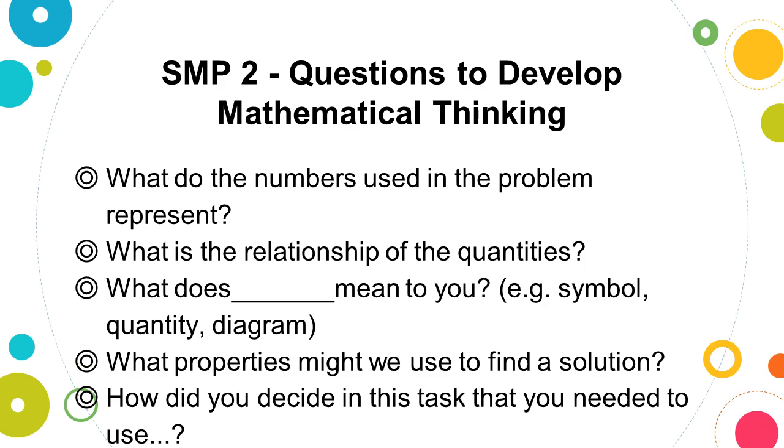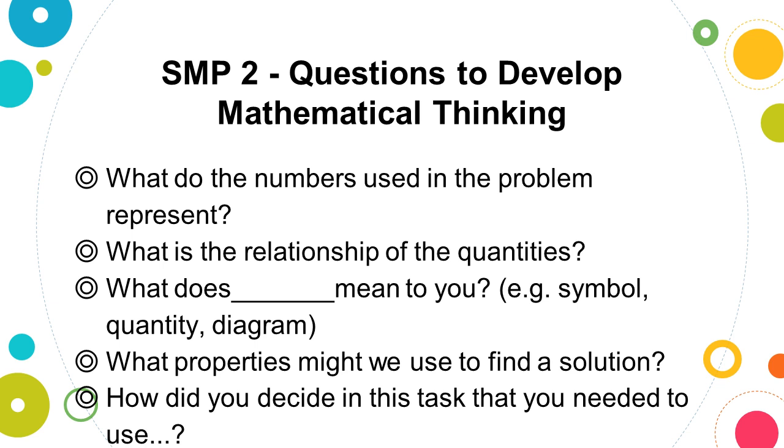Questions you would want to ask your students that relate to mathematical practice number 2 could include, what do the numbers in the problem represent? What is the relationship of the quantities? How is blank and blank related? What does this mean to you?